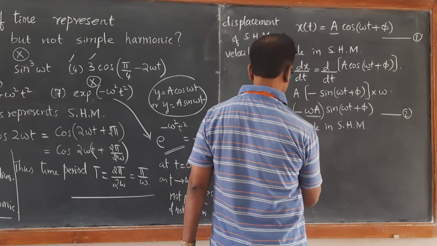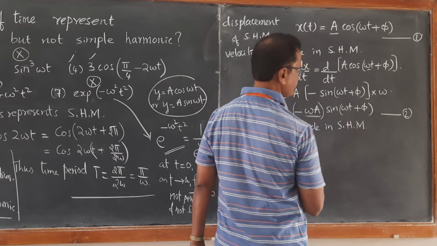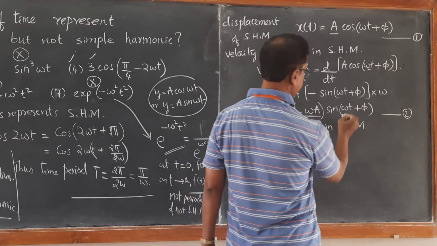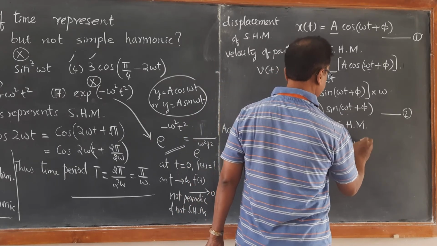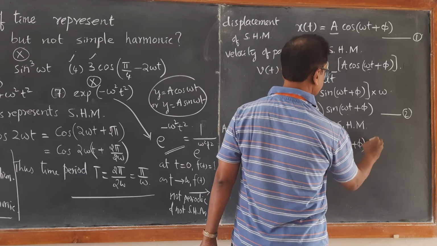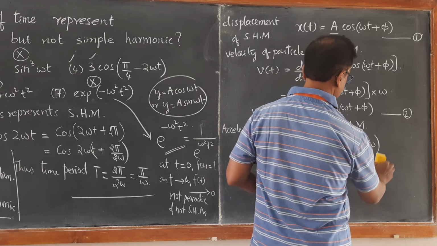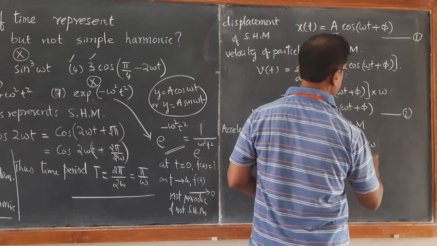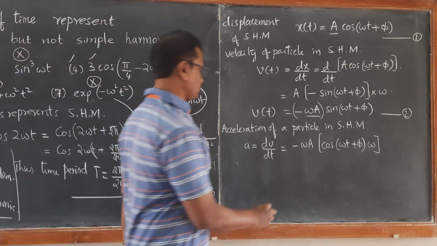It becomes minus omega a into the differentiation of sin(omega t plus phi), which becomes cos(omega t plus phi) as it is, into omega.